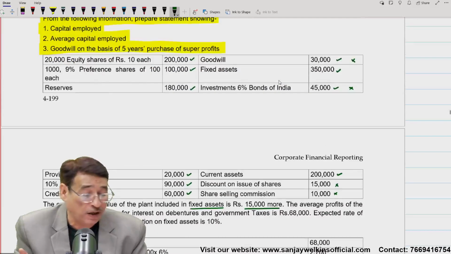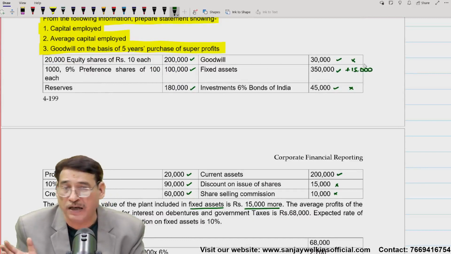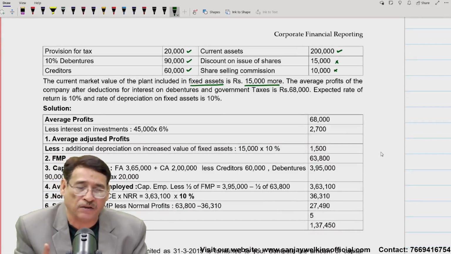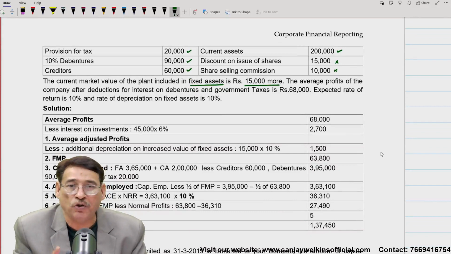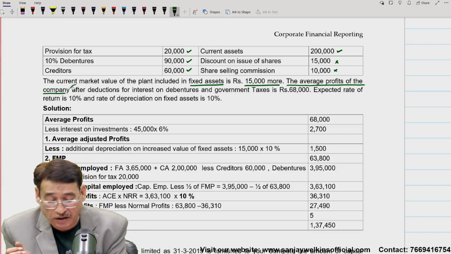Now, what is happening in this particular question is that your fixed asset has gone up by 15,000. That means your total fixed asset will be equal to 3,65,000 for computation of capital employed. Whenever you compute the capital employed, if there is some revised value, you will consider that. Now it is given the average profits of the company. Please rectify this. This is before deduction of interest.